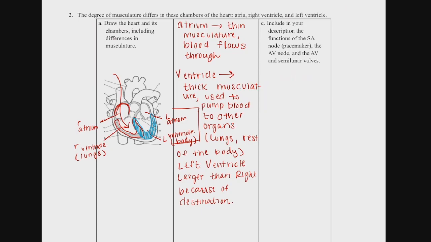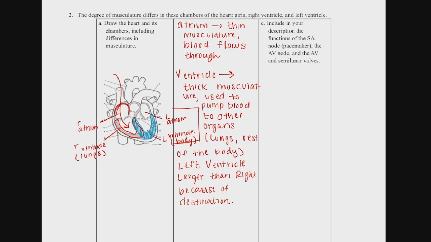A semilunar valve is the heart valve at the base of the aorta and the pulmonary artery. It has cusps or flaps that prevent the backflow of blood.